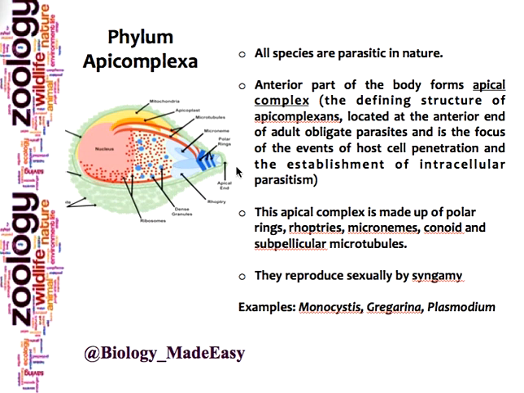So we remember that the apical complex is important for host cell penetration, and that helps establish the intracellular parasitism relationship. It is made up of polar rings, rhoptries, micronemes, conoid, and subpellicular microtubules. They can reproduce sexually by syngamy. Monocystis and Plasmodium are very important examples of this phylum.